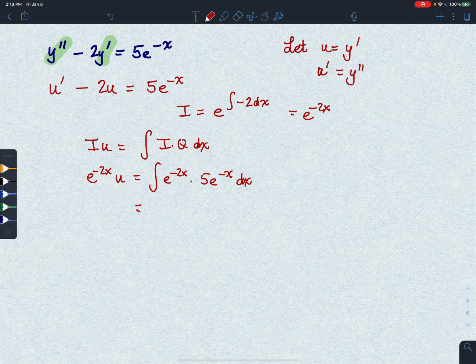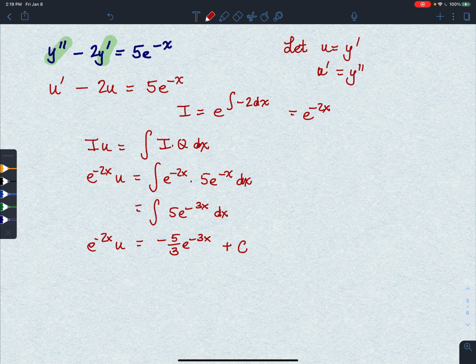And we know we can simplify that by laws of exponents. This is 5e to the negative 3x, which we know has antiderivative negative 5/3 e to the negative 3x. And don't forget the plus c.